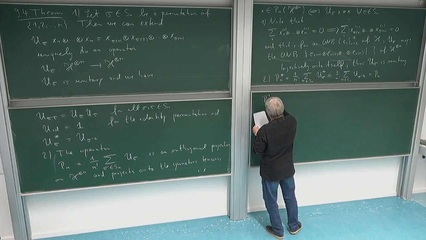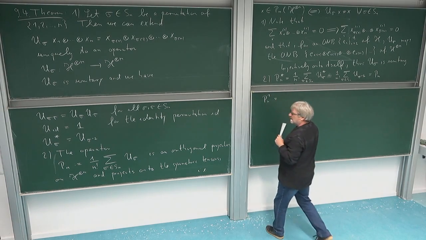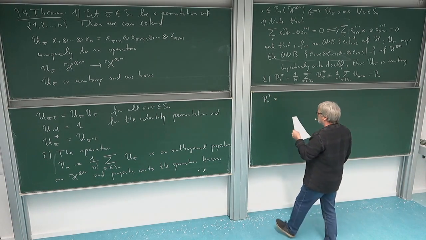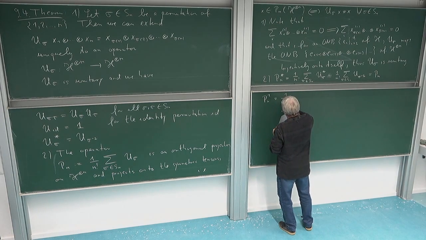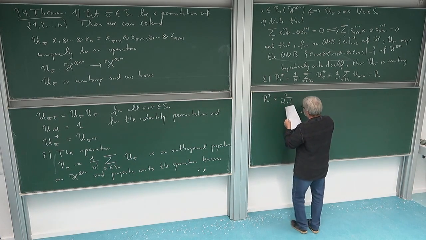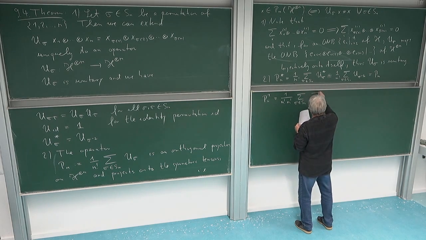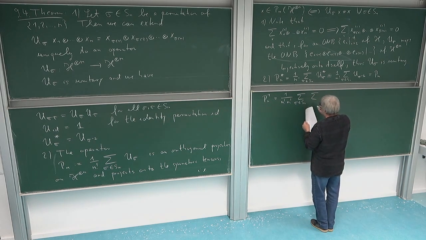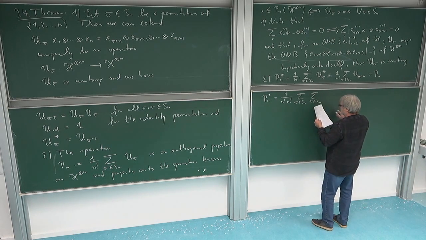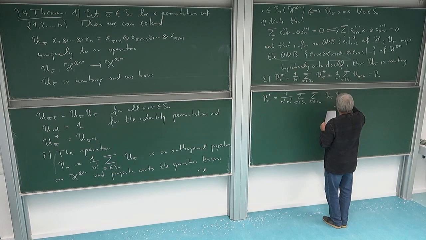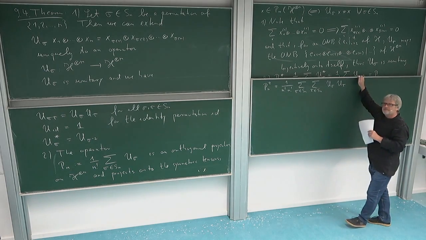So Pn squared, what is this? I'm just writing down the definition of the Pn twice. So I have 1 over n factorial squared, and then a sum over, let's say, sigma in the permutation group, and from the second Pn a sum over, let's say, tau in the permutation group, and I have u sigma times u tau.